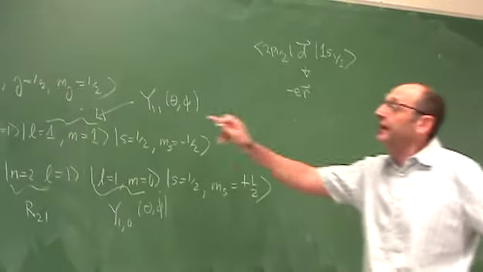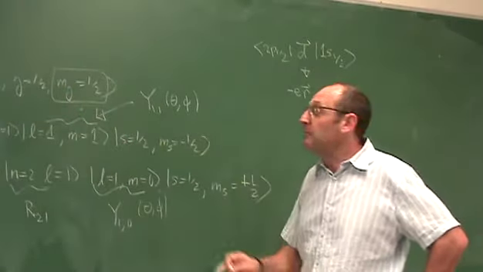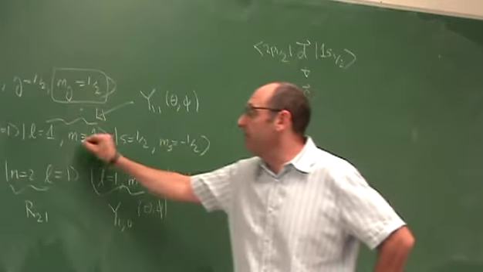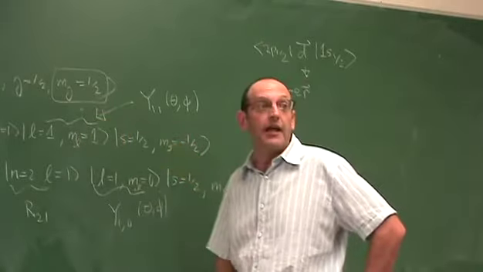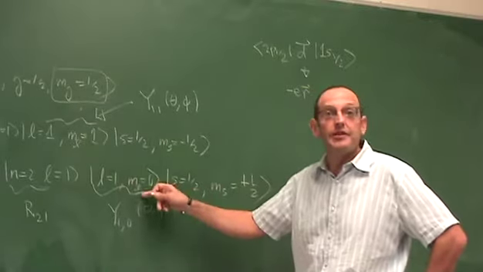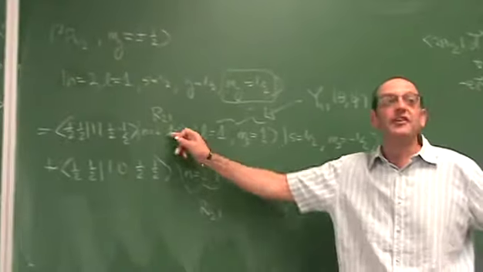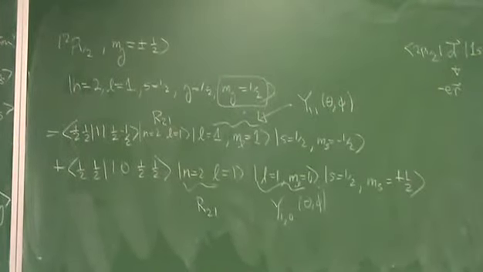And I look at a particular case where M sub j was a half, and we must have the sum of M sub L plus M sub S equals M sub j. So these are the only 2 states in the superposition which have non-zero coefficients. Good question.